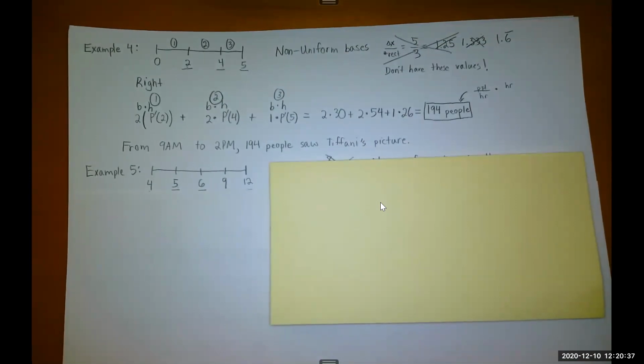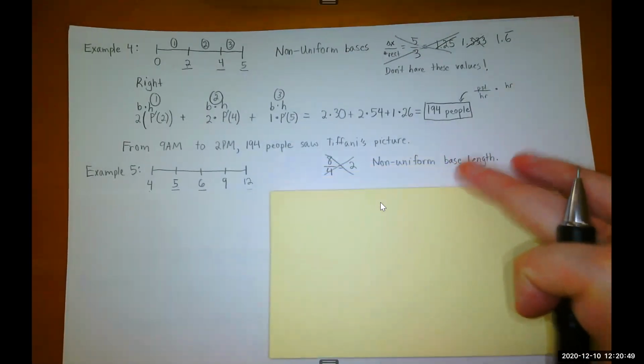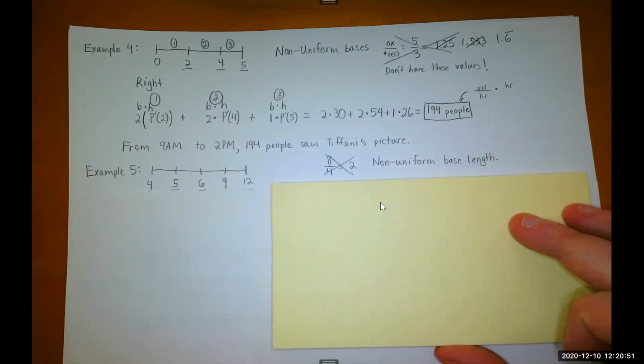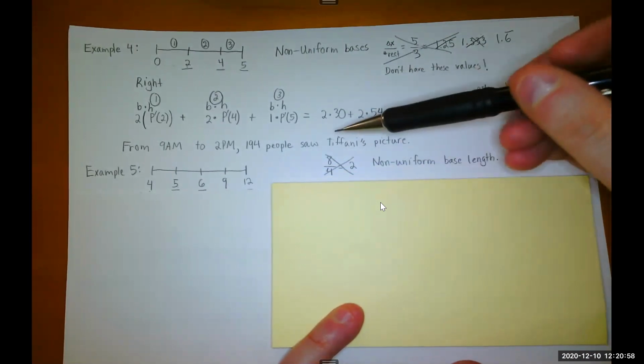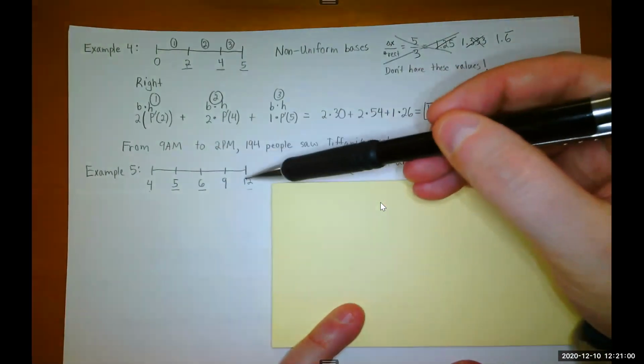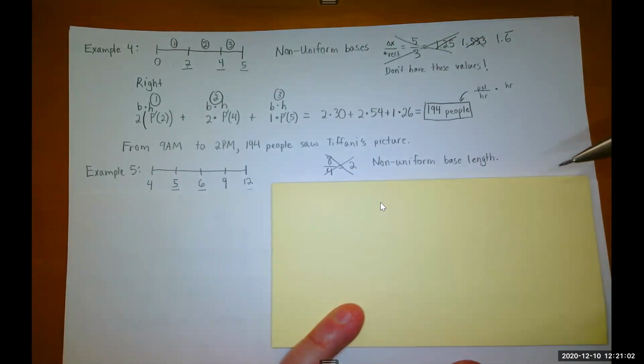We have the same limitation we did before. That limitation is we cannot use uniform base measures. Check it out. If I were to use a uniform base measure, I would have to use a uniform base measure of 2. How come? Because if I go from 4 to 12, that's a total length of 8.